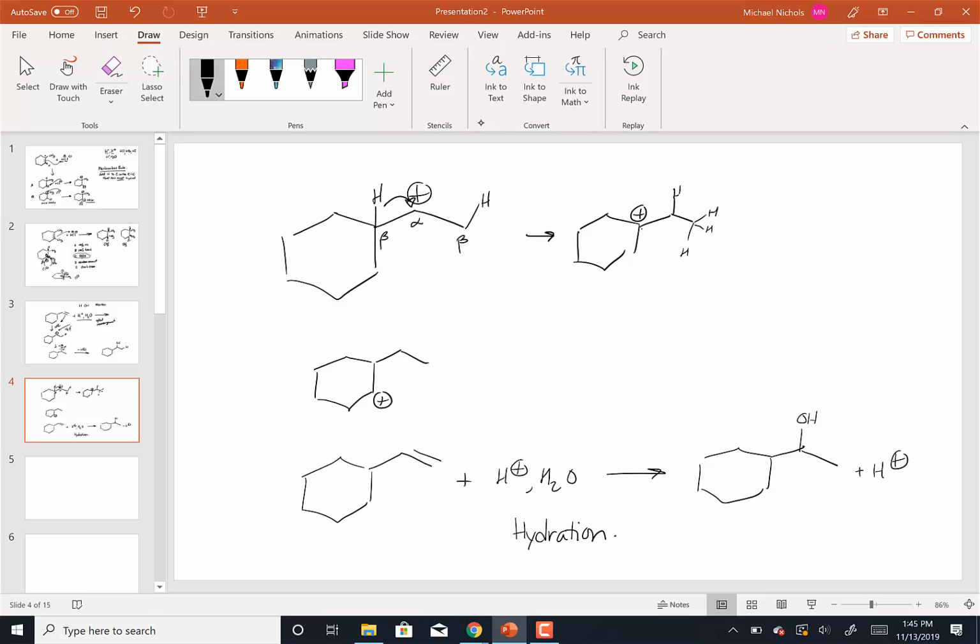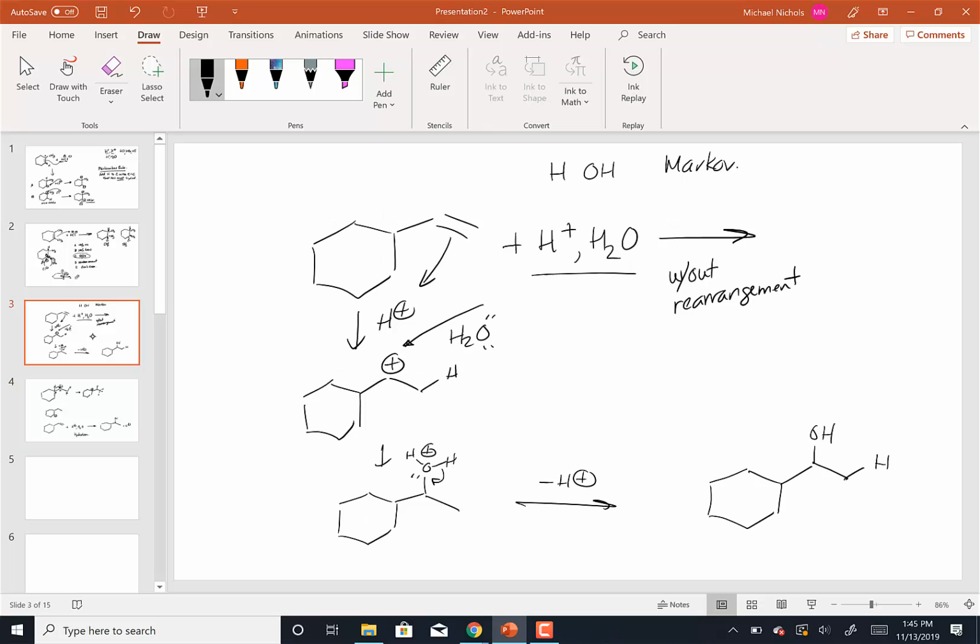Now, anybody getting a sense of deja vu with the mechanism that we wrote to form the alcohol, the one on this slide? As we were going through here, we formed the alcohol. Anybody get a sense that, wait, that looks familiar?